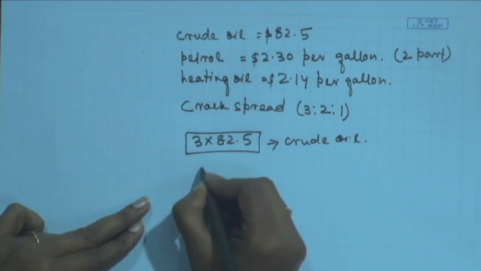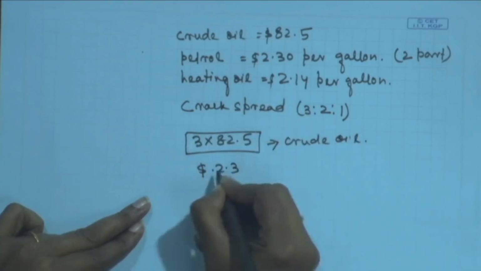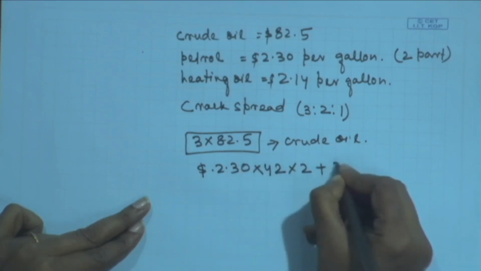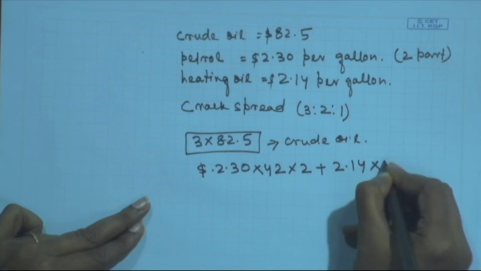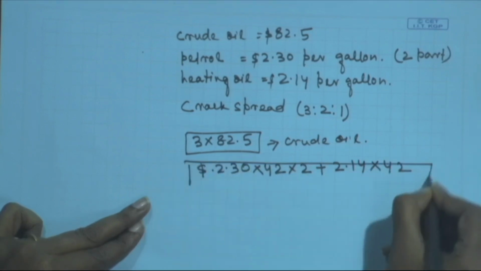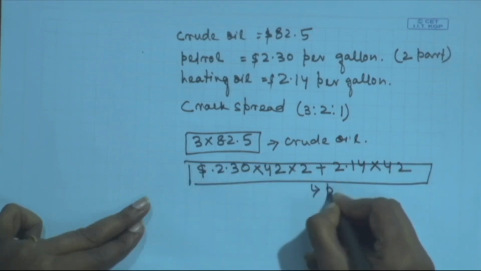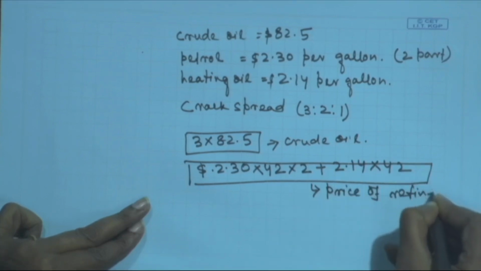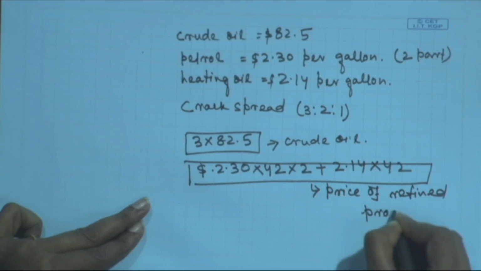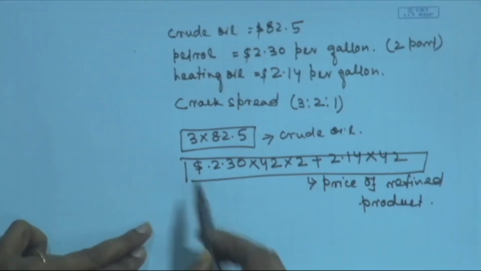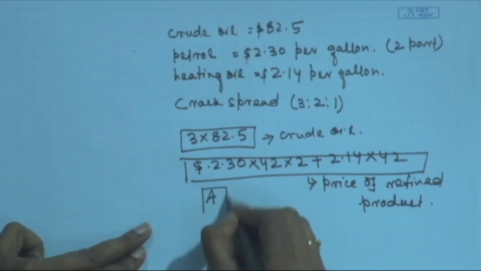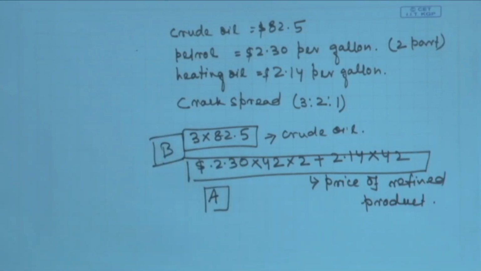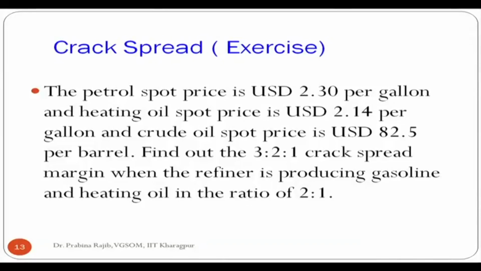And you will have $2.30 into 42 into 2 plus 2.14 into 42, which is going to be the price of the refined products. Let's call it A and this B. So A minus B is going to give us the crack spread.